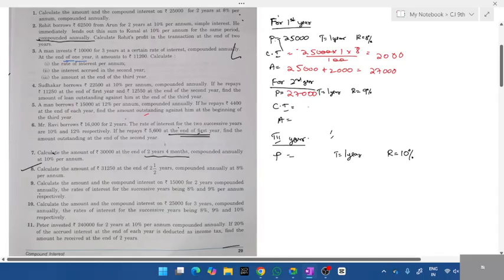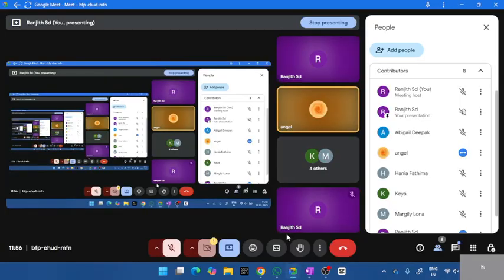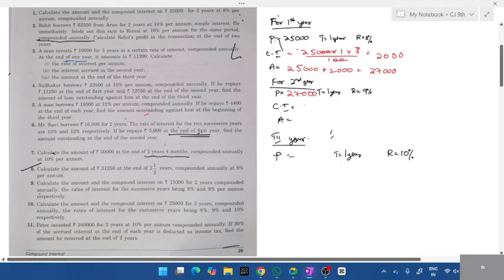Okay, Angel, can you explain the second one for second year? Unmute the call. Yeah, tell me the second one, Angel. How do you calculate compound interest? Yeah, fine. PTR at 500. What is the value? Second year.